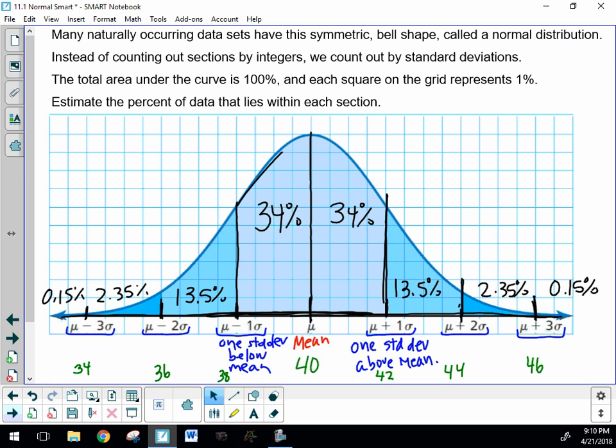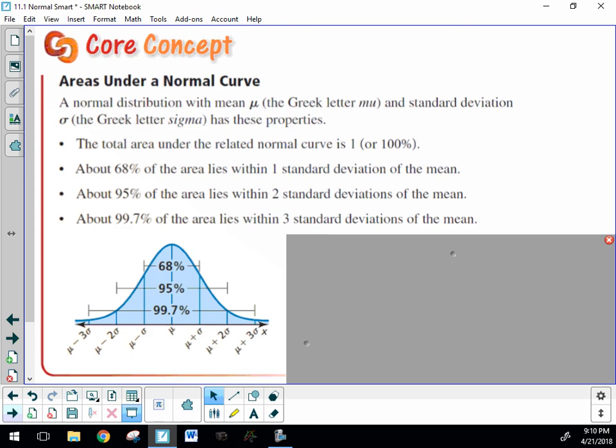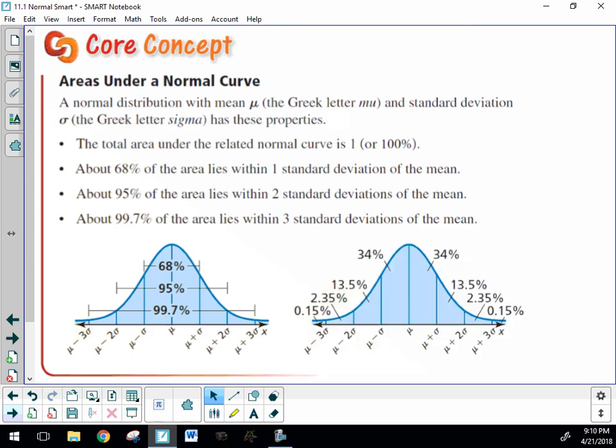If you collected data on the length of fish in a lake, it's most likely going to be normally distributed. Lots of naturally occurring data sets are normally distributed. So we're going to try to apply these percentages in a few problems now.